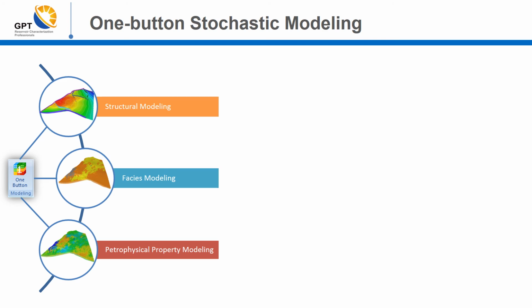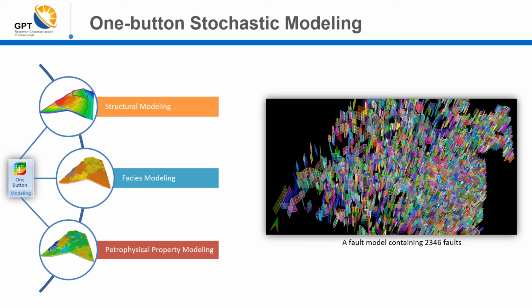But in a complex structure, for example, when you have more than 2,000 faults, just imagine the time and energy you will spend on editing those faults. But with one-button stochastic modeling, fault editing is automatically handled for you. It takes only seconds. Of course, you can always go back and check the quality of those intermediate steps.